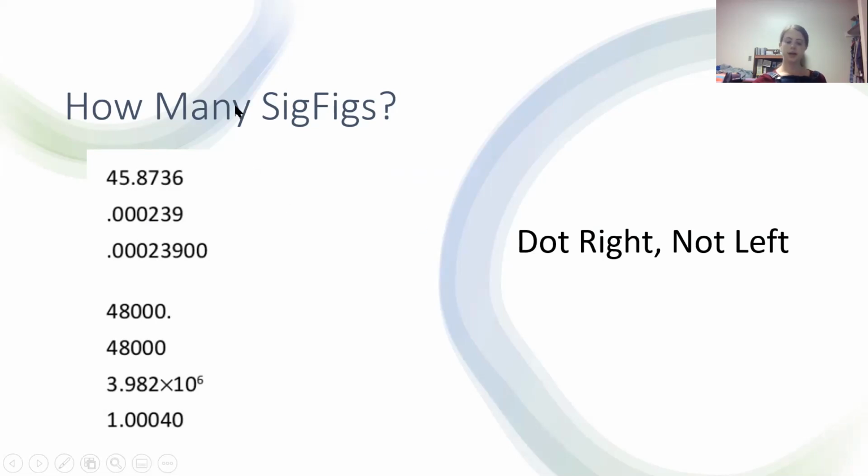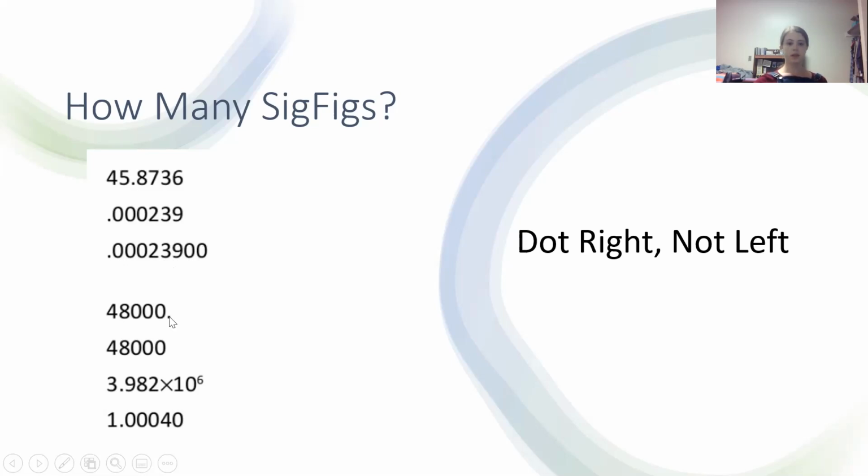So let's just go through these and count how many SigFigs there are in each one. This one is all non-zeros, so they're all significant, and that would be 6. This one is 3, like we went over. This one is almost like this one, but because these zero dot right, we start at the right, and we count these zeros. 1, 2, 3, 4, 5. 5 significant digits.